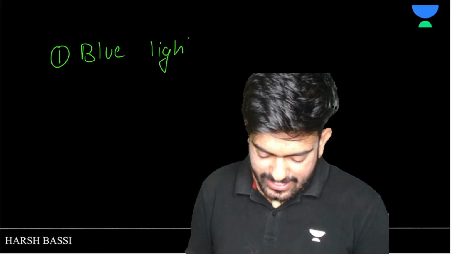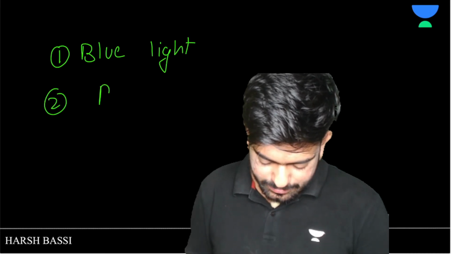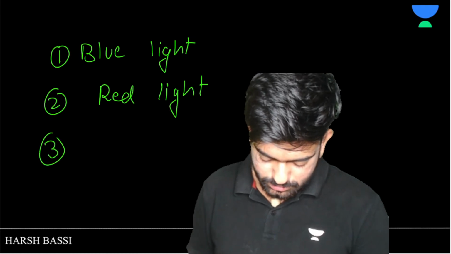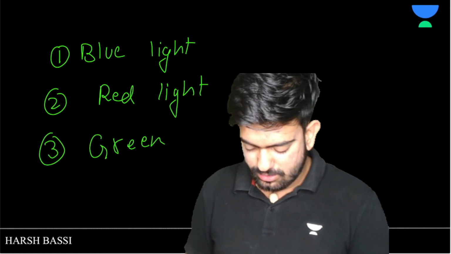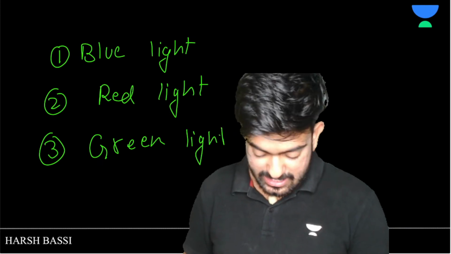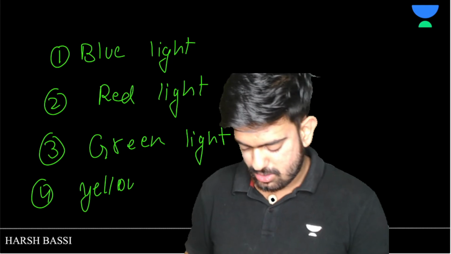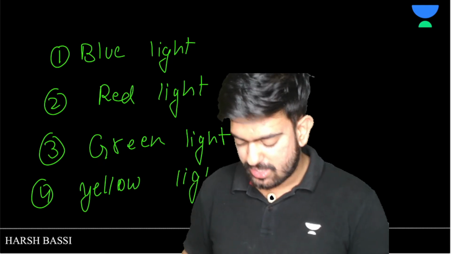So, we have blue light, we have red light, we have green light. Let's make a traffic light. Let's add the yellow light also. It should be like red, yellow, green.